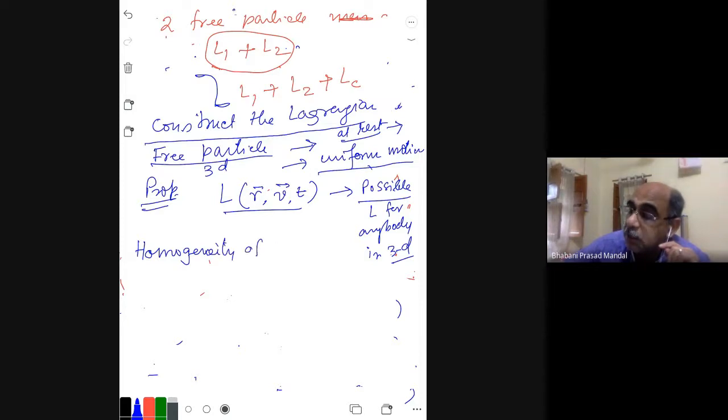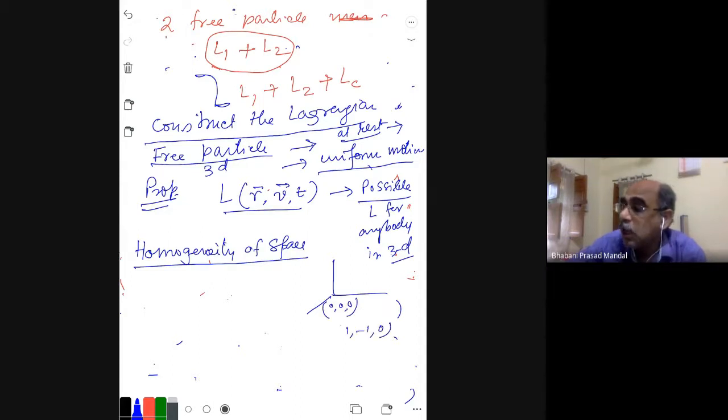homogeneity of space. Homogeneity of space means space is homogeneous. So the motion of a free particle, a particle moving in a particular direction all the time with the same speed, does not depend on where you have the coordinate axis. The coordinate axis is at 0, 0, 0, or your coordinate axis is at 1, -1, 0, or a, b, c.